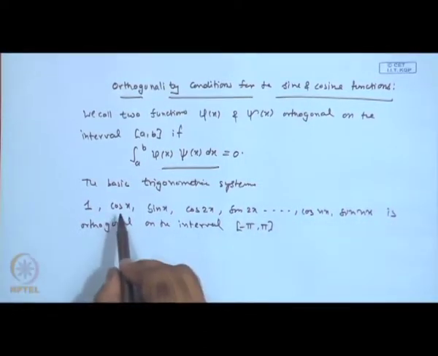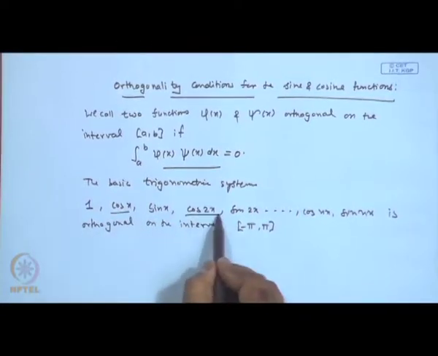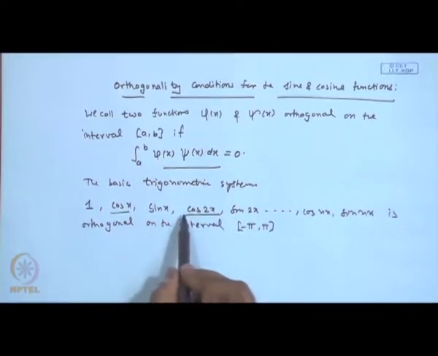So, we shall prove that any two distinct functions, if we take, then they are orthogonal.